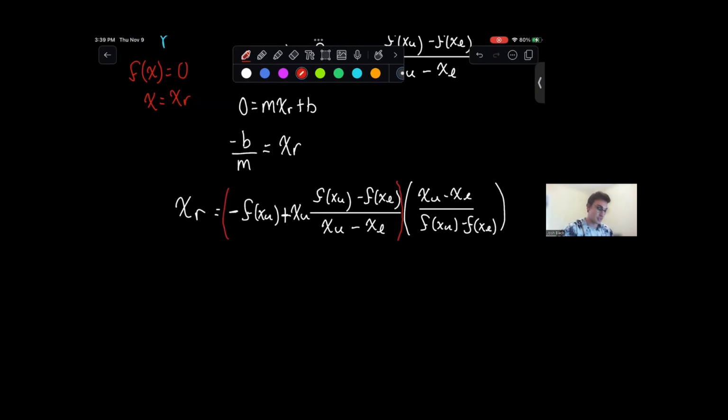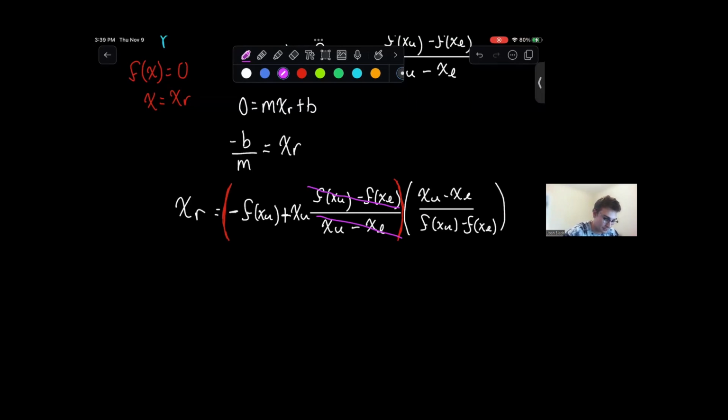Now, I want you to notice I put these big red brackets around what was our b term, because it's getting multiplied by the inverse of m. So I just didn't want to get confused there. Now, look at this little trick we can do. What I can first do is cancel out my slope that's attached to my xu term.